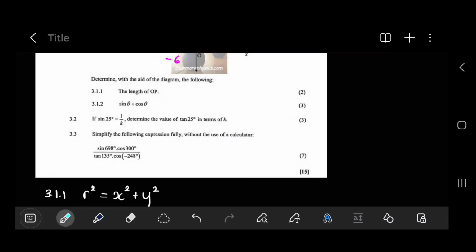We're now looking at 3.2. It says if sine 25 degrees is equal to 1/k, determine the value of tan 25 degrees in terms of k. Now questions like this where we've got the angle, we have the fraction, and we see that there's an unknown like k here, we know that we have to use a triangle to help us out as well.